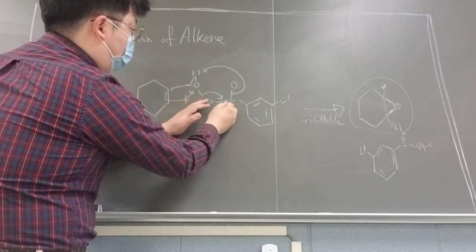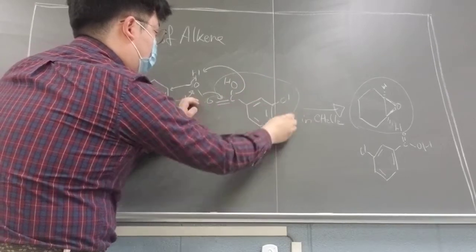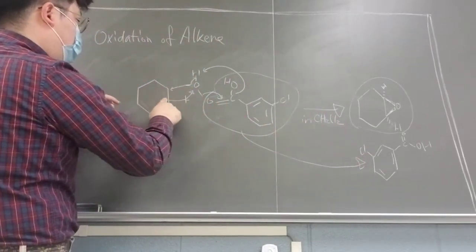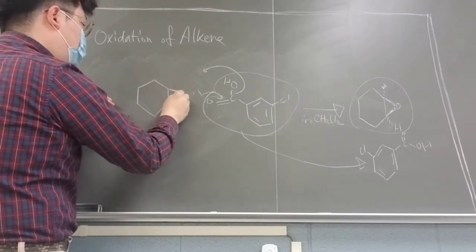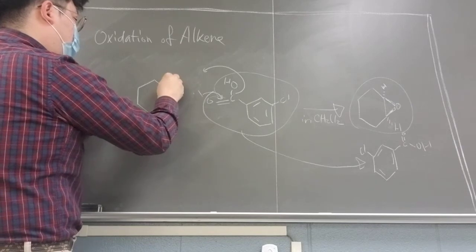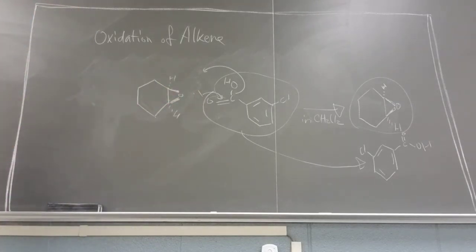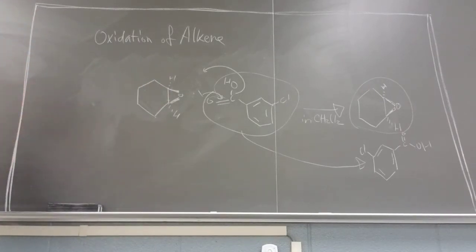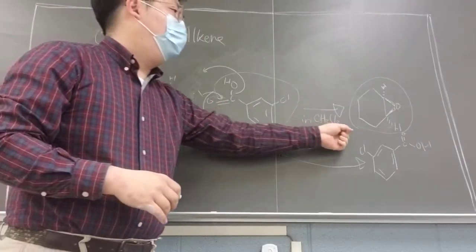So there will be a double bond here, the single with the hydrogen, and that's this one. And then this one is gone. We're only taking the oxygen in the cyclic form. That's this. So the mechanism wise is quite complicated, but if you know just the product from this epoxidation, that's just fine.